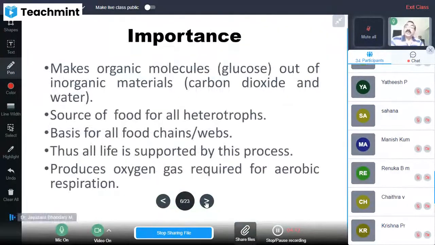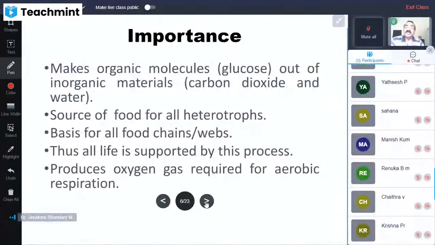So importance, as we have discussed, photosynthesis results in the production of organic molecules out of inorganic materials. So carbon dioxide and water are inorganic, whereas glucose, sucrose, starch, etc. are organic molecules, which are usable by other organisms. Okay, so it forms a source of food for all heterotrophs, basis for all food chains or webs.